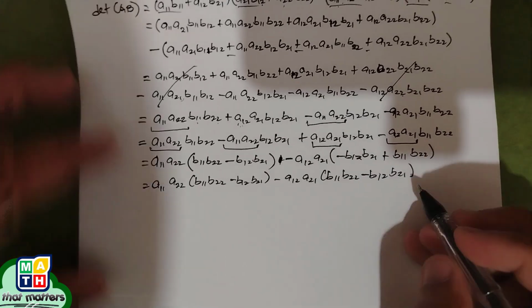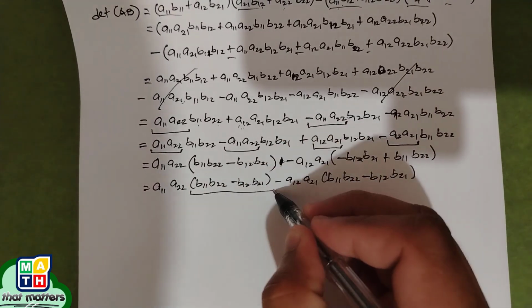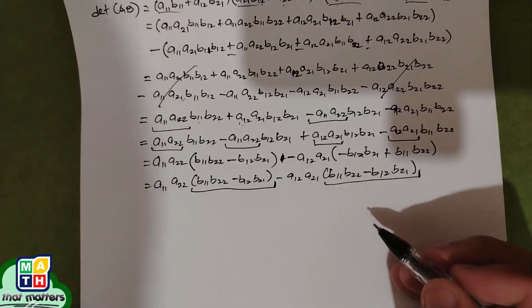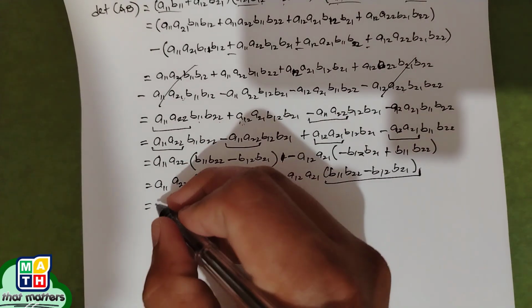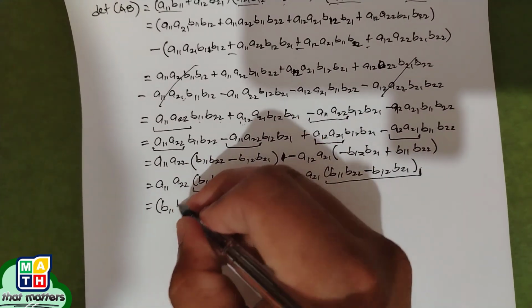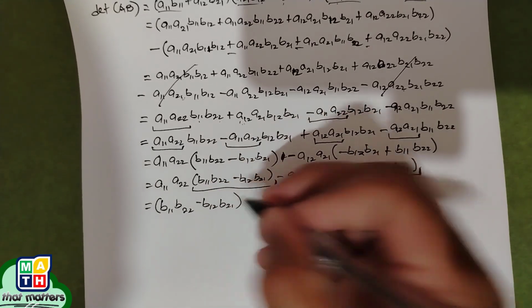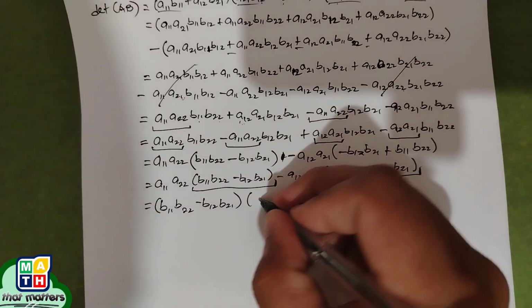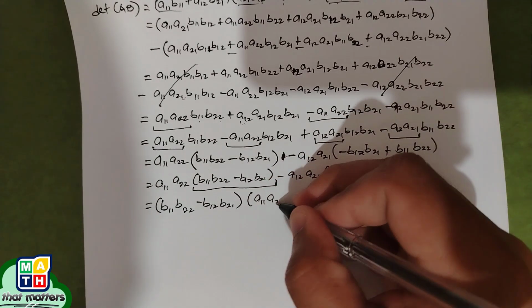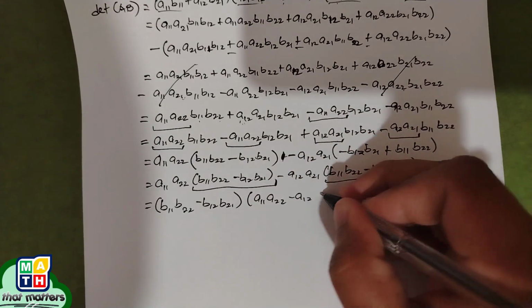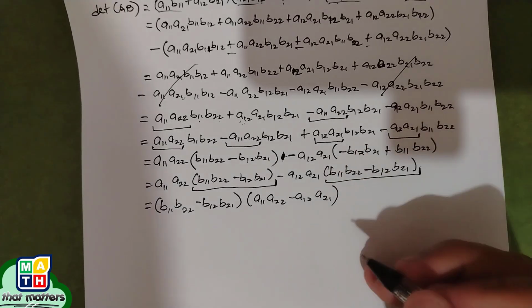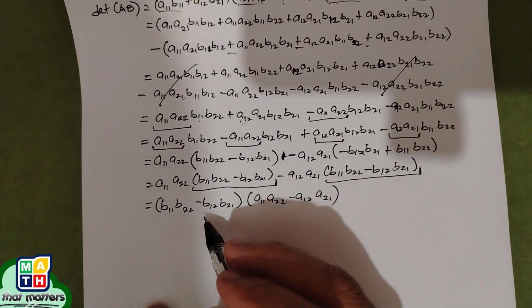Why do we do that? So that this is common to both. So we can factor that. So we factor that B11, B22 minus B12, B21. Once we take it in both, you will have here A11, A22 minus A12, A21. And what is this, by the way?